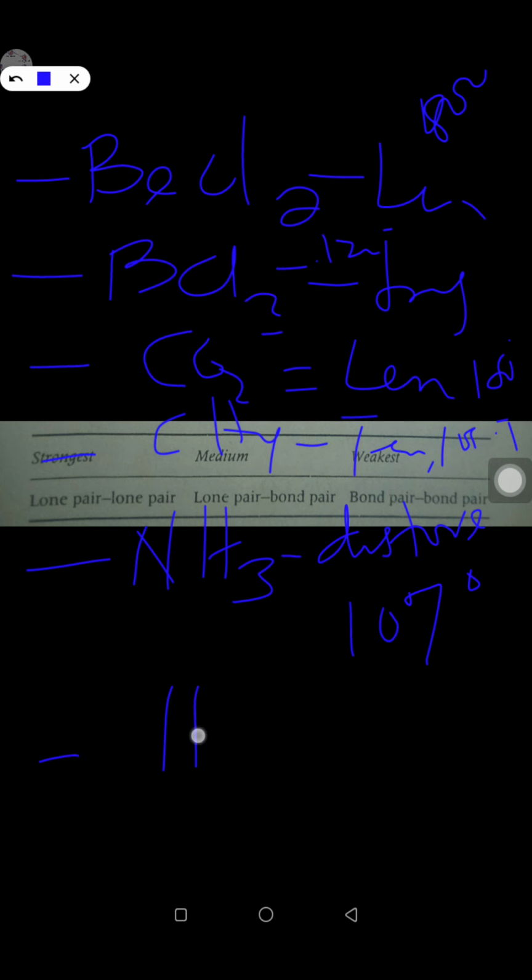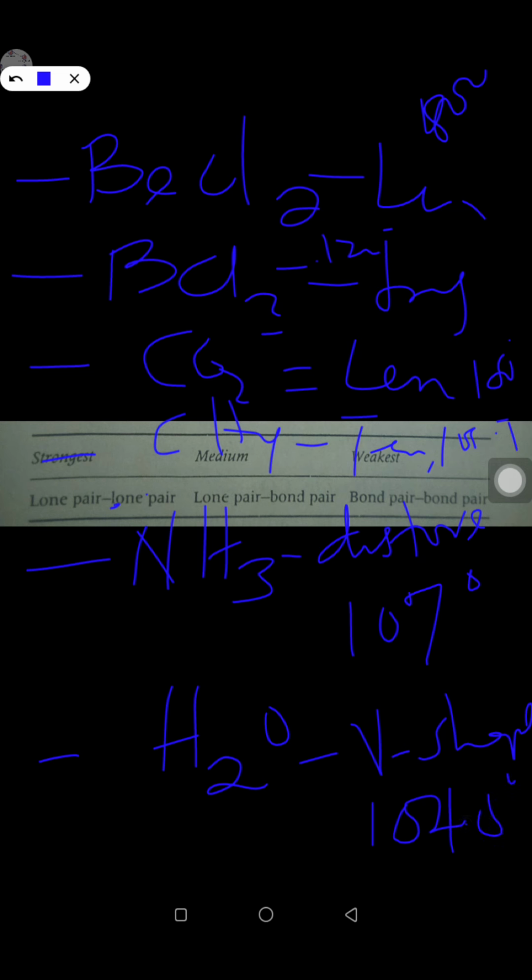Then we went to water. And remember, in ammonia, I said there is one lone electron pair. In water, there are two lone electron pairs, and the shape of water is V-shaped. Okay, it's V-shaped, or you say curved shape, or you say chair conformation, but it's better you say V-shaped. And the angle is 104.5 degrees.